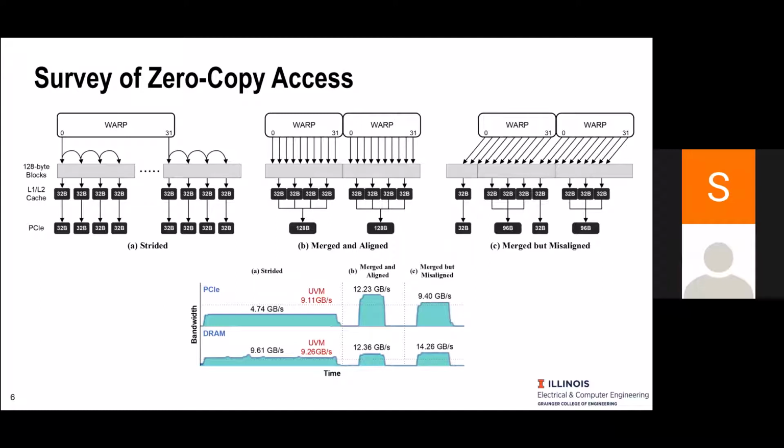As you can see in the diagram at the bottom, because the data requests are still fragmented, the bandwidth achieved drops to 9.4 gigabytes per second. So in short, if you just follow the regular rules of data access with a GPU, for example, merged, aligned and coalesced access, the zero copy access over PCI can actually achieve very high bandwidth.